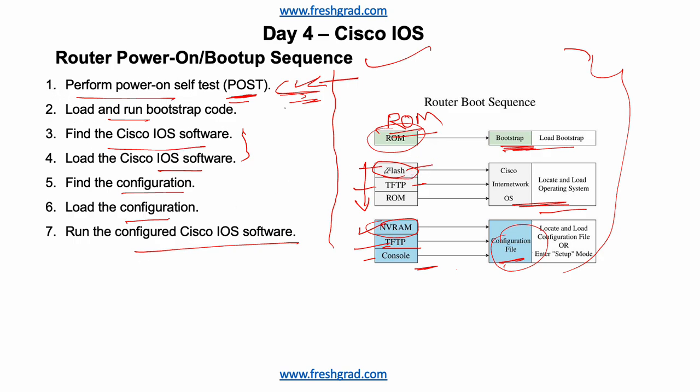If there is a whiteboard, you want to write down the router boot up sequence. It shows that you understand the bootstrap happens in the ROM, where it locates and loads the operating system file, finding it in the flash, TFTP, and ROM in this order. And it finds the configuration file first in NVRAM, then TFTP, or in the console mode. So this is the boot sequence.